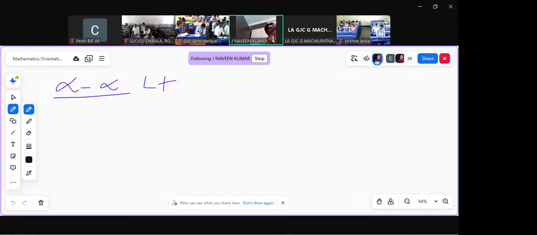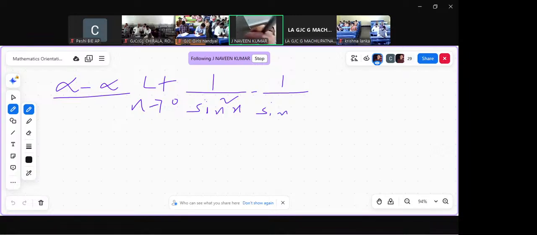The question is limit x tends to 0, 1 by sin square x minus 1 by sinh square x.